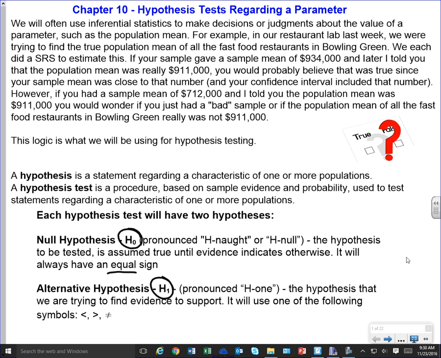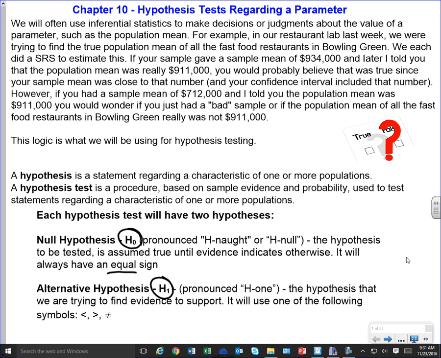But most of the time, when we are doing some sort of study, we don't know what the true mean is, right? We just have our sample and our X bar. So, for that example, if you had happened to get a sample that had a sample mean of 934,000, and then I told you the true mean of the population was 911,000, you would probably think that made sense because your mean was fairly close to what I said the true mean was, right?